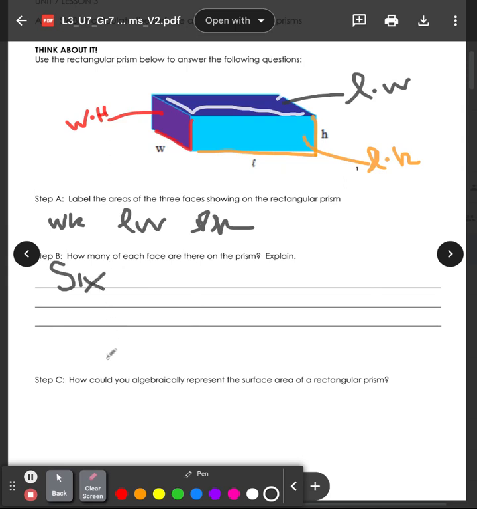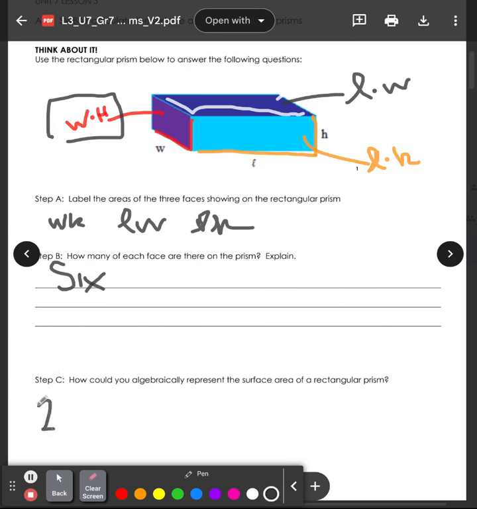And then finally, how could you algebraically represent the surface area of a rectangular prism? Well, surface area is us just adding all of those 6 faces that we just mentioned together. And so algebraically, if we take, for example, the width and the height, which is the left side of the prism, depending on the positioning of how this is right now, there are 2 of them.